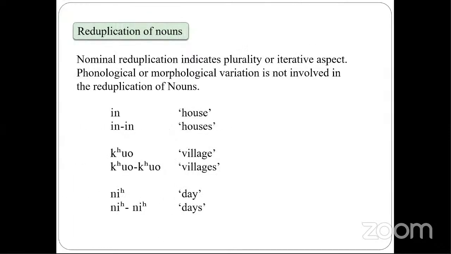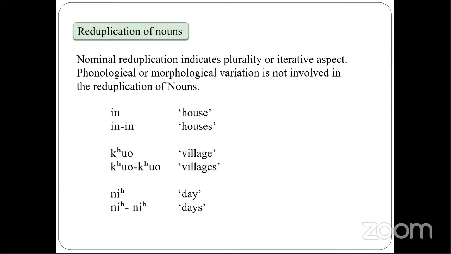And in this paper, I will discuss some of the word classes which have reduplicated forms. Nominal reduplication indicates plurality or iterative aspect. Here, we do not find any phonological or morphological variations in the reduplicated structures.